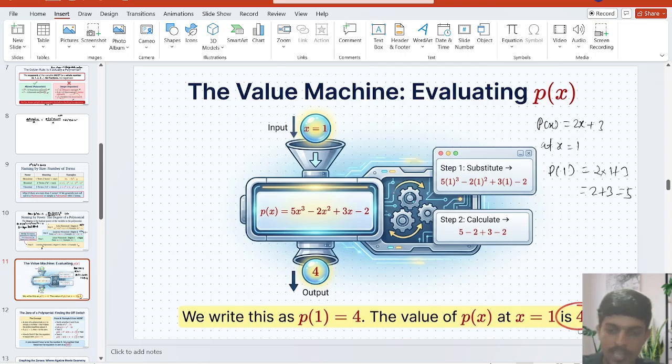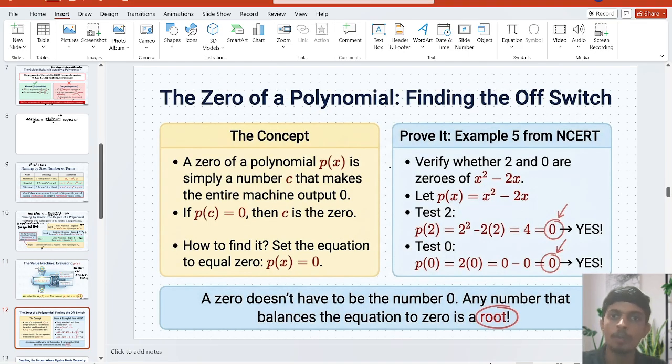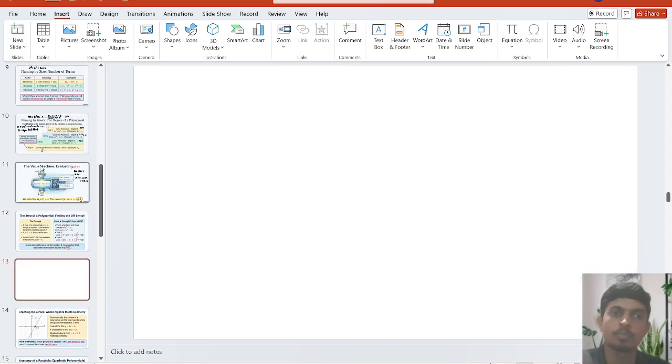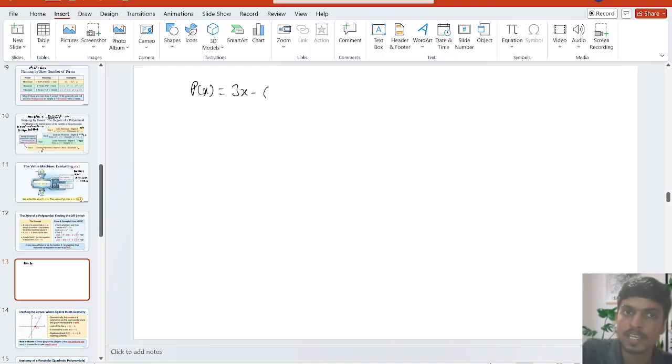So notice that. Next, the zero of a polynomial, finding the off switch. We can first understand it with a suitable example. Suppose p(x) is equal to 3x minus 6.